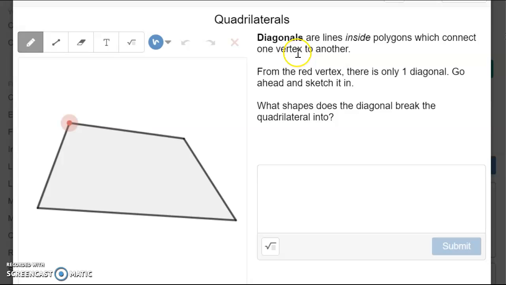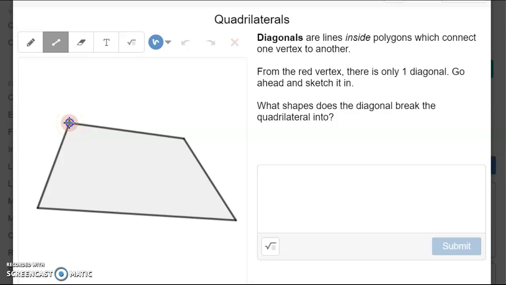Now, diagonals are lines inside polygons which connect one vertex to another. From the red vertex, there's only one diagonal. Go ahead and sketch it in. I can use my line drawing tool and go from the red dot.